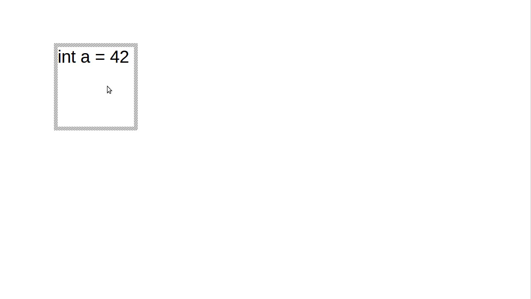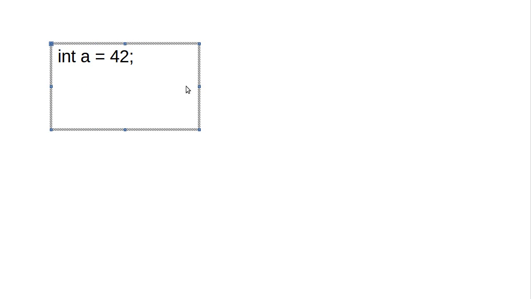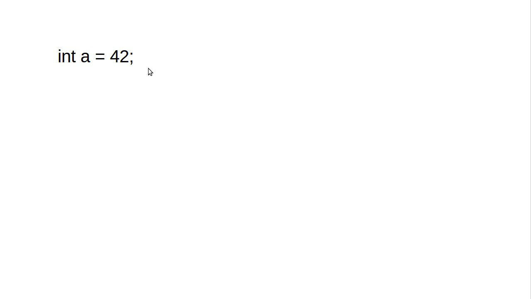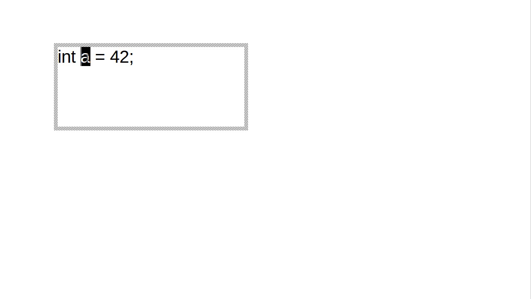That's lowercase in C++. And we end it with a semicolon. And what this line of code does is it creates a chunk of memory. It stores the value 42 in that memory, and it gives it the name a that we can use to refer to it. This would be happy in C.